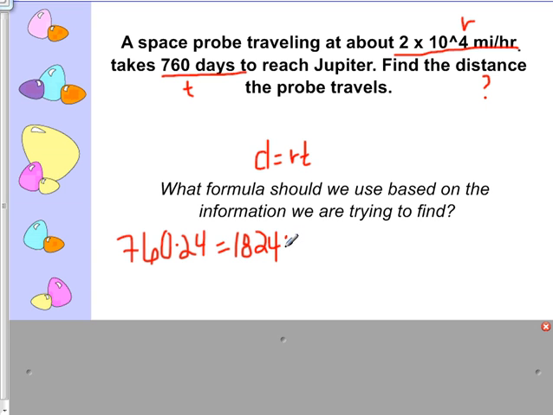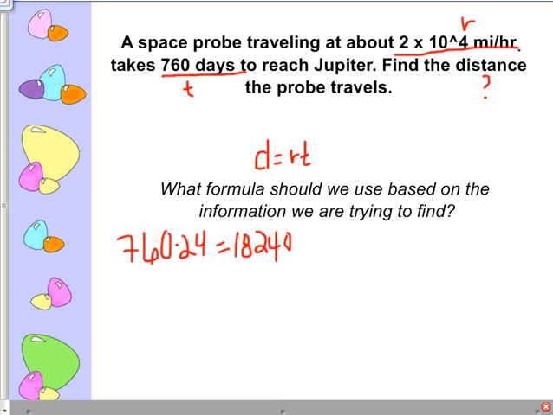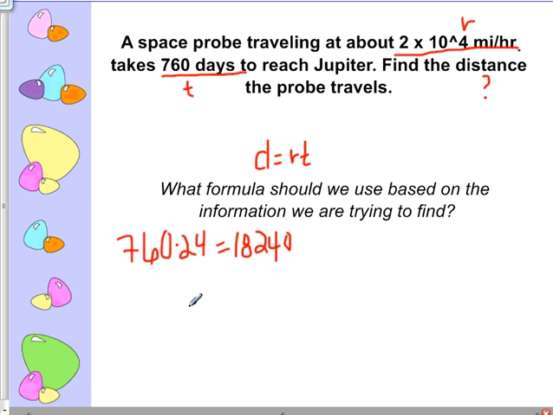Now, from there, we can plug it into this distance equals rate times time formula. We can say distance, which is what we're trying to find, equals the rate, 2 times 10 to the fourth power, multiplied by the 18,240.